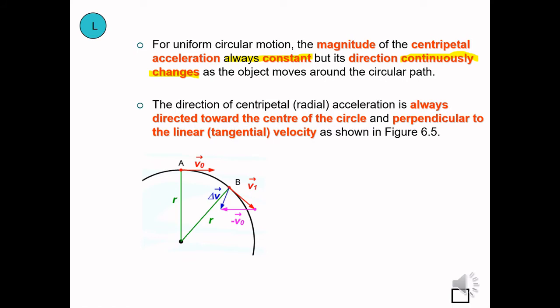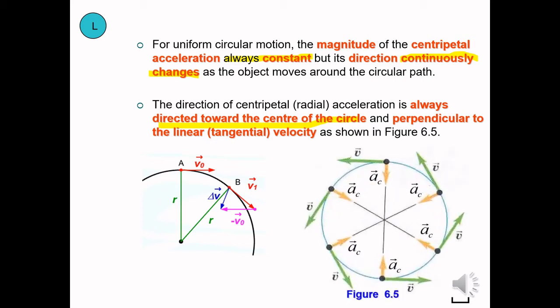The direction of centripetal or radial acceleration is always directed toward the center of the circle and perpendicular to the linear tangential velocity as shown in figure 6.5. As we can see in figure 6.5, in any position, the direction of the centripetal acceleration is towards the center.